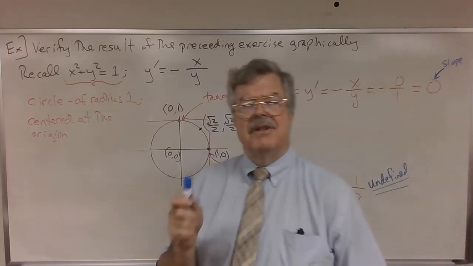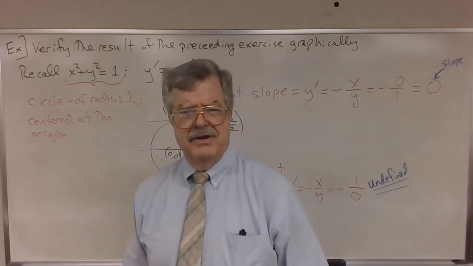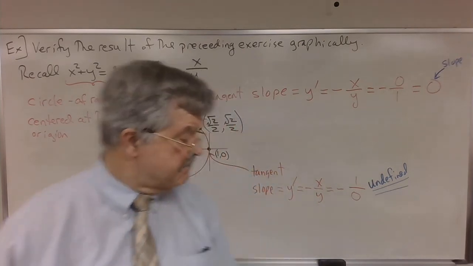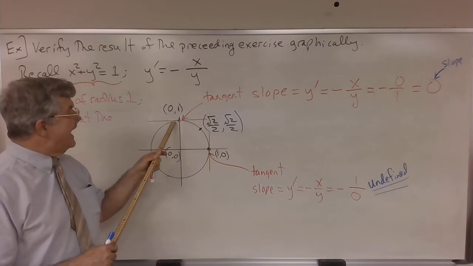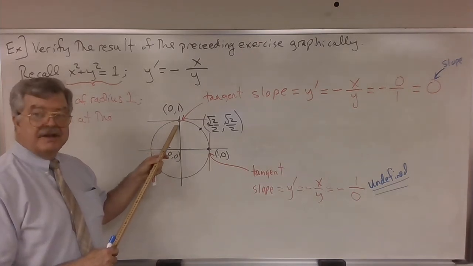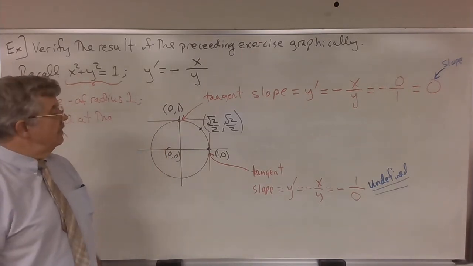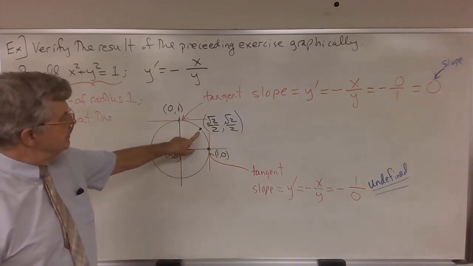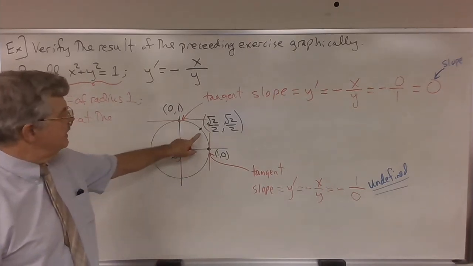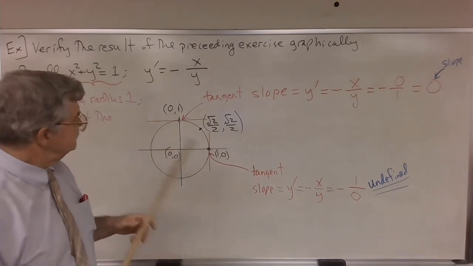What kind of a line has a slope of 0? A horizontal line, which is exactly what this tangent is. So we're batting 1,000, 2 for 2. Let's do this point last.